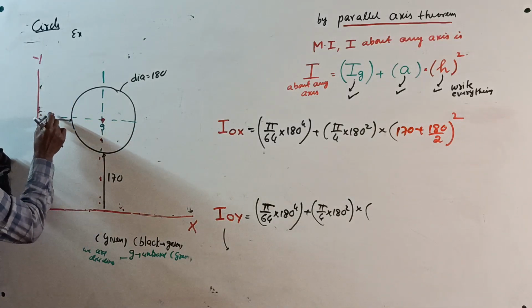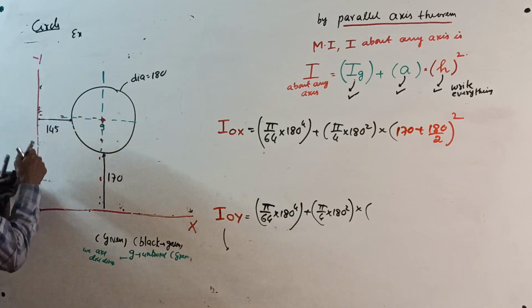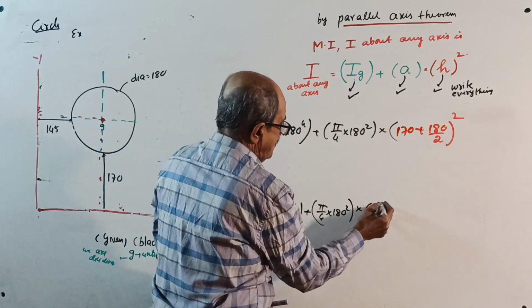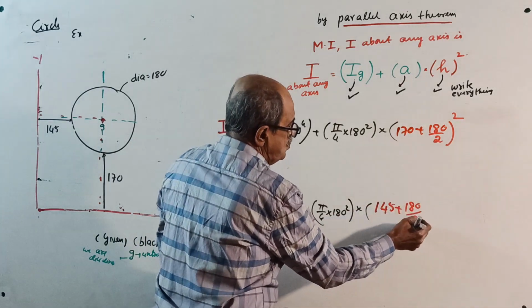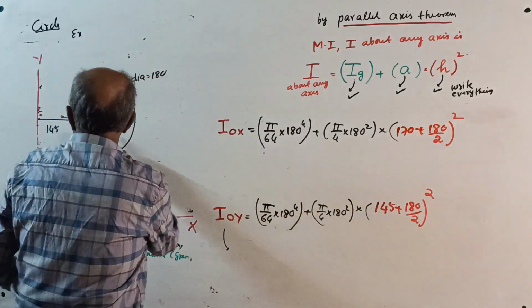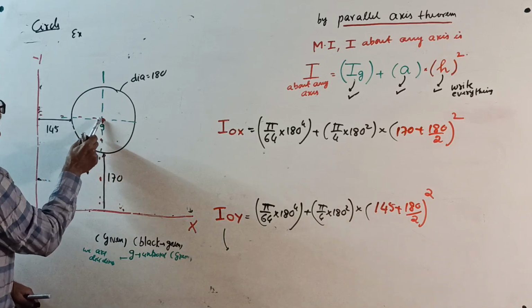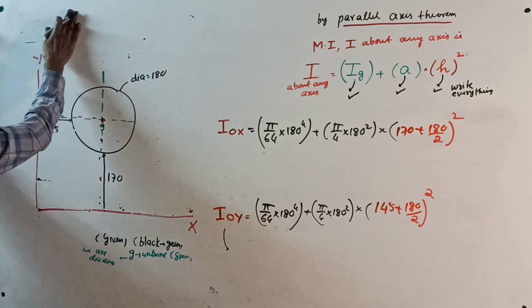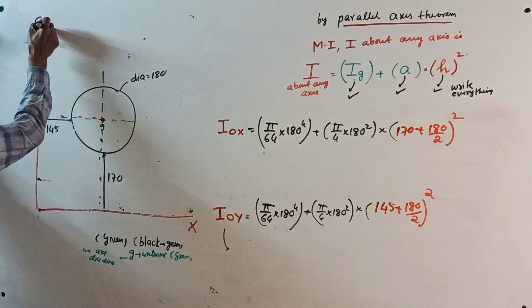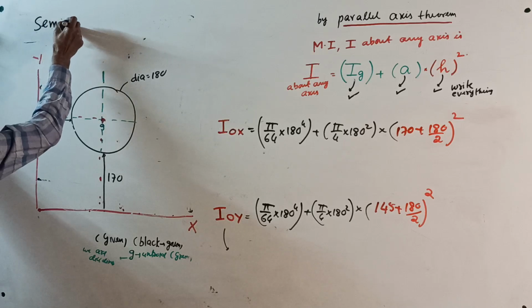See, this distance square is 145 plus 180 by 2 whole square. 145 plus, from here to center is half the diameter. Circle is over. Okay, now next is semicircle.